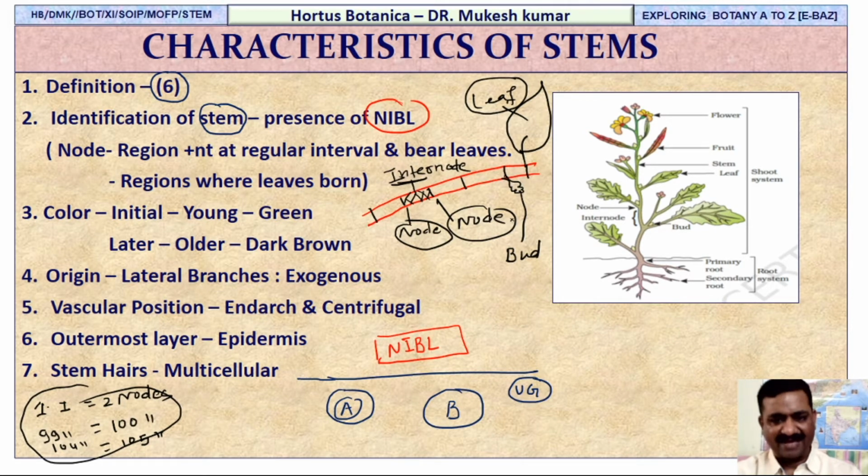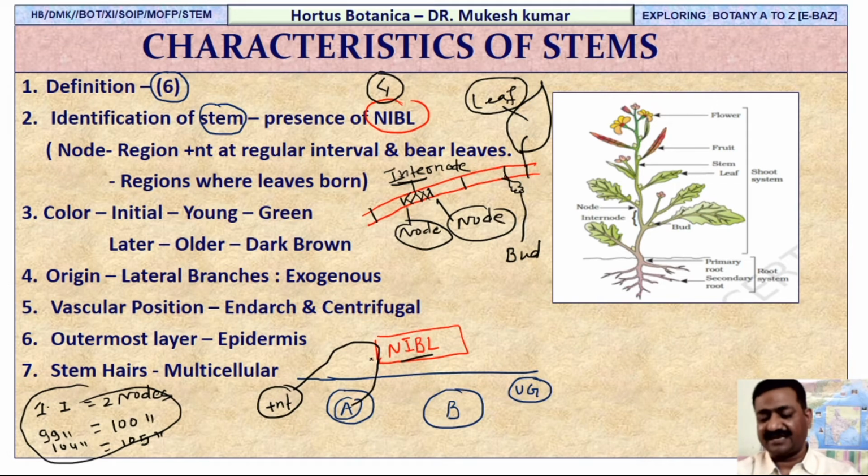So what we have? Yes, we have 4 important characteristics, features by which you can identify an underground or aerial part of the plant, either it is a stem or root. See, if you have A and you are finding that A has nibble, node, internode, bud and leaves, you can easily recognize it. It is nothing but a stem because nibble is present.